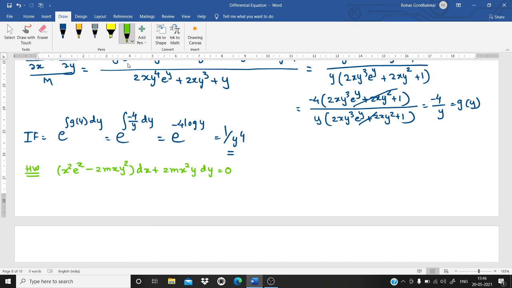Once again I'll check. x raised to 4 into e raised to x minus 2m x y square dx plus 2m x square y dy equal to 0. This is the first homework problem. The second homework problem I am giving.